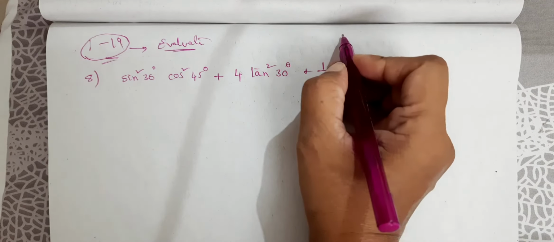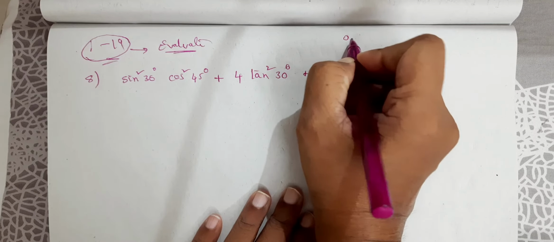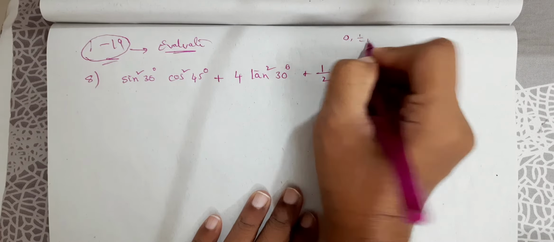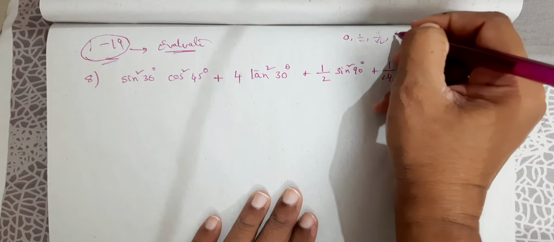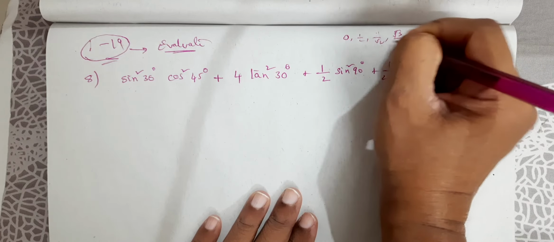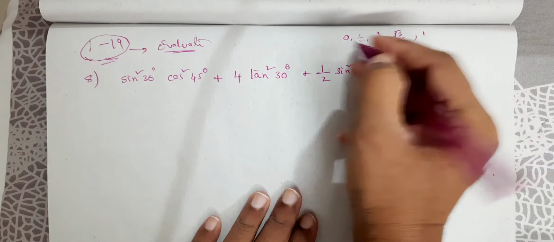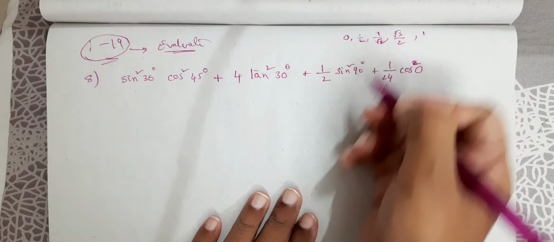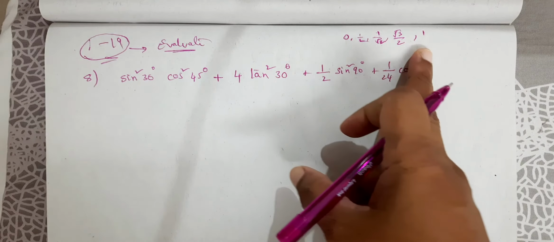So for convenience I am writing here in ascending order the sine values: 0, 1 by 2, 1 by root 2, then root 3 by 2, and 1. 5 values, right? So that is for 0, 30 degrees, 45 degrees, 60 degrees and 90 degrees.